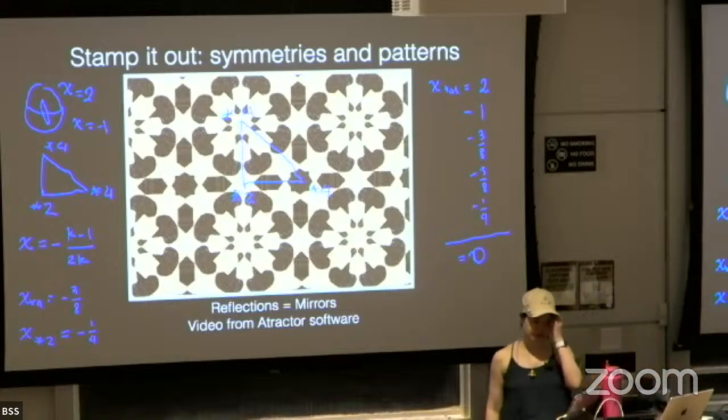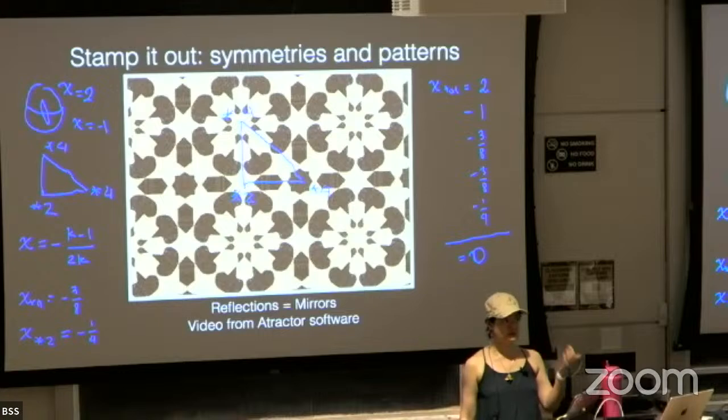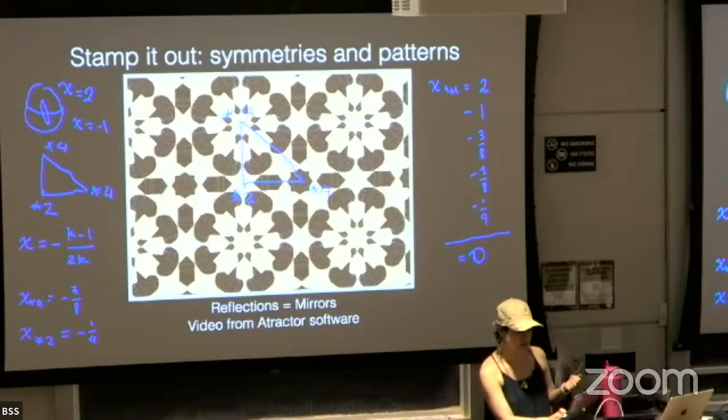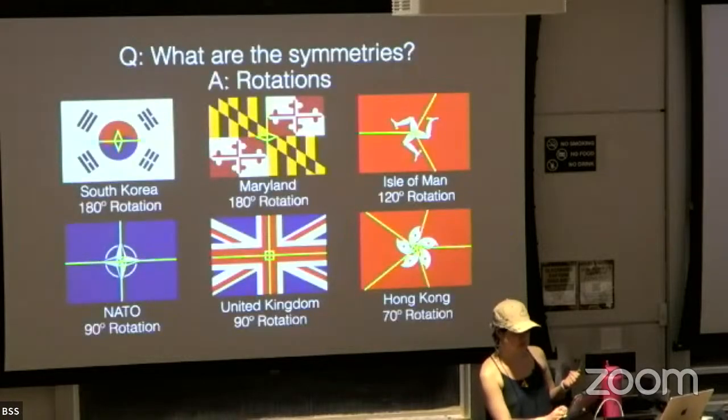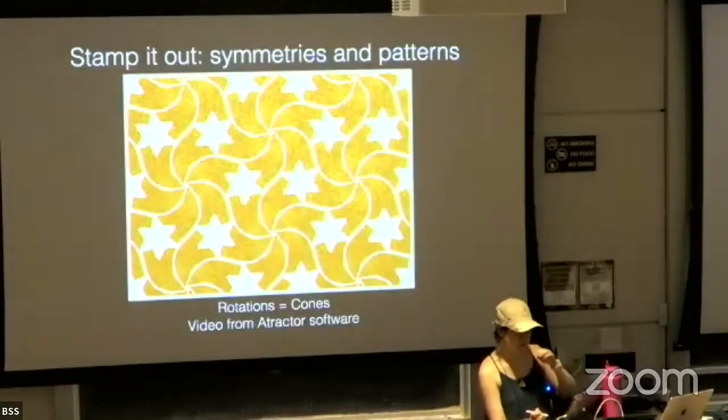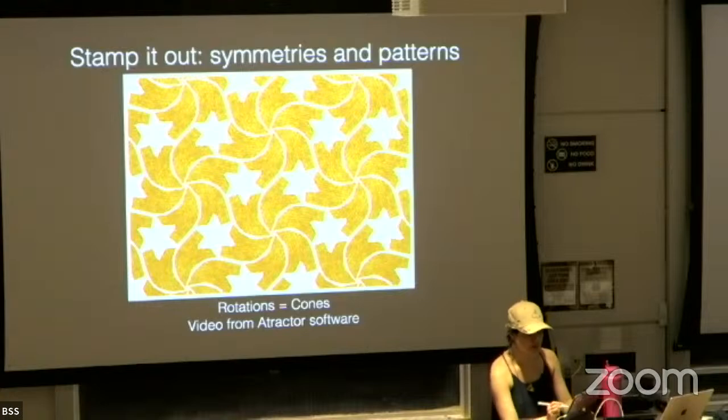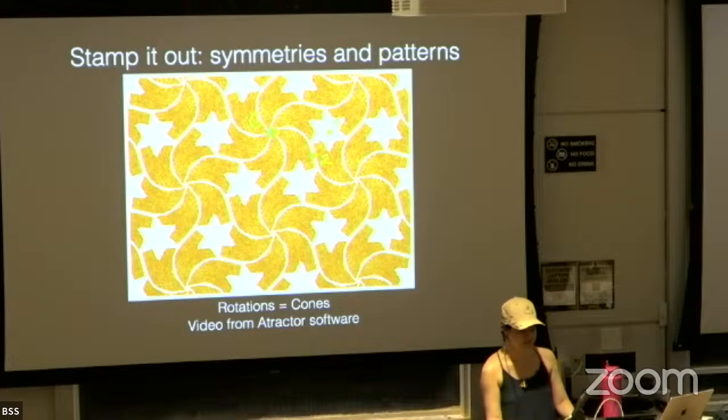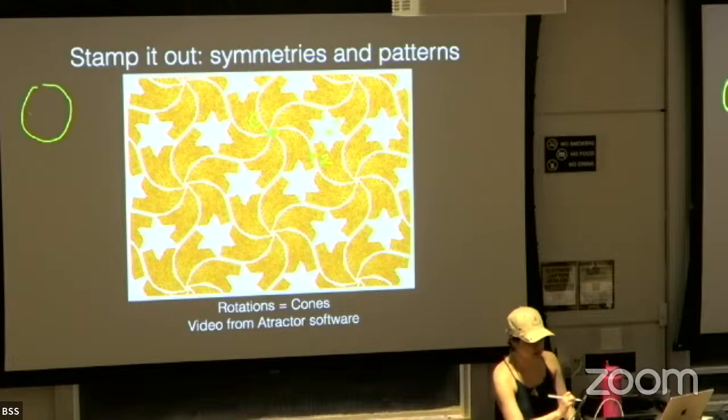So would you like to work through the example for the rotations as well? Okay, so let's work out the example with the rotation. Here we've got a 6-fold rotation, a 3-fold rotation, and a 2-fold rotation. Here we start out with our sphere. This one's a little less eggy.